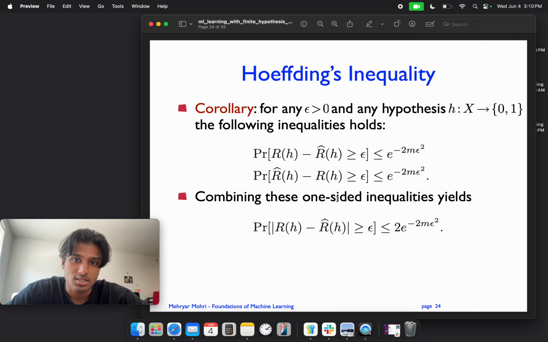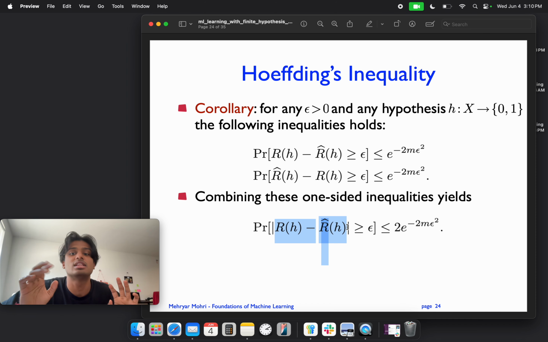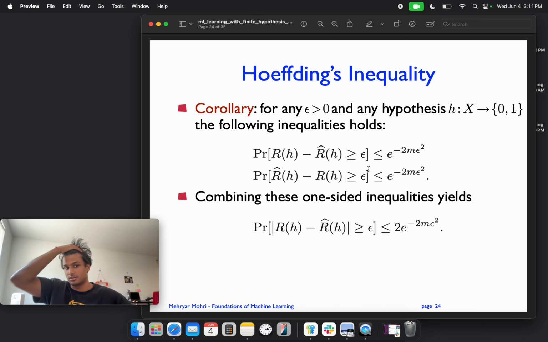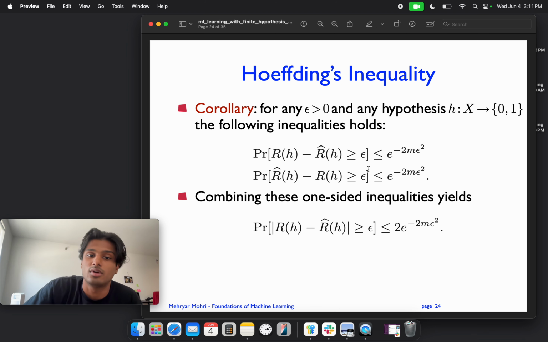We can combine these two by the union bound and say that the empirical risk deviates from the real risk by epsilon in either direction with probability less than twice that exponential. For the conditions on the random variable and other things you need to impose, you have to look up the other video. But this is the inequality that we are working with.